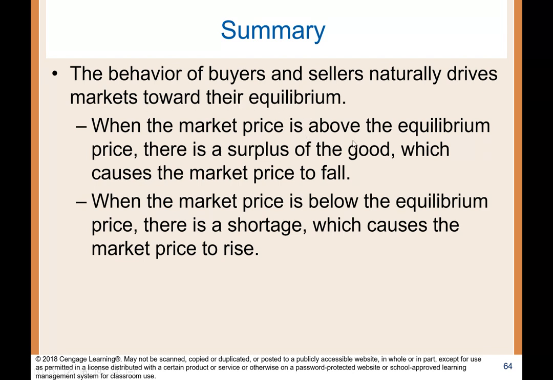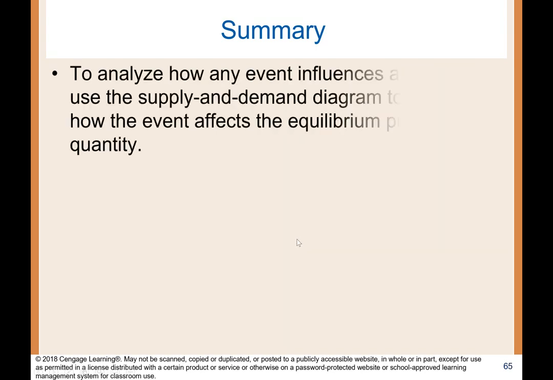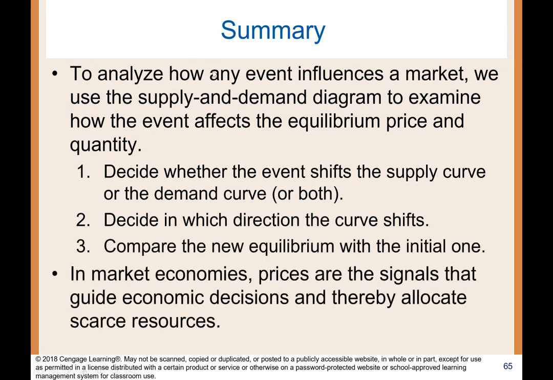When the market price is above the equilibrium price, there is a surplus of the good, which causes the market price to fall. When the market price is below the equilibrium price, there is a shortage, which causes the market price to rise. To analyze how any event influences a market, we use the supply and demand diagram to examine how the event affects the equilibrium price and quantity.